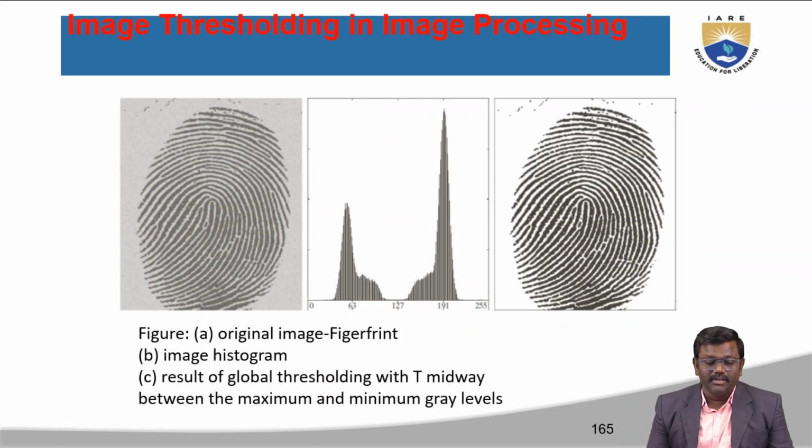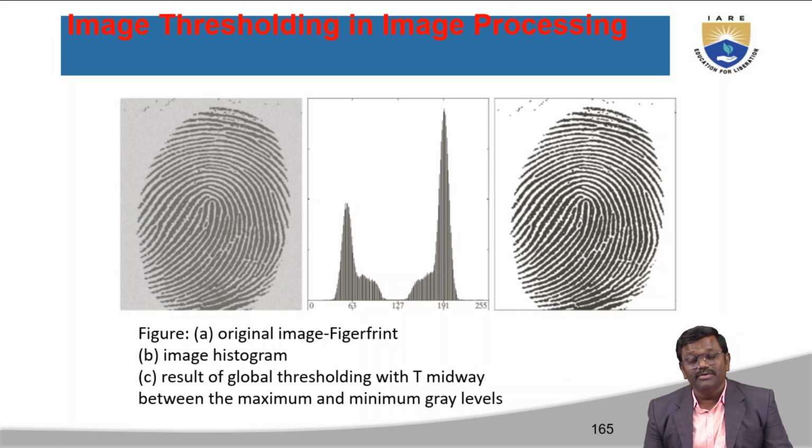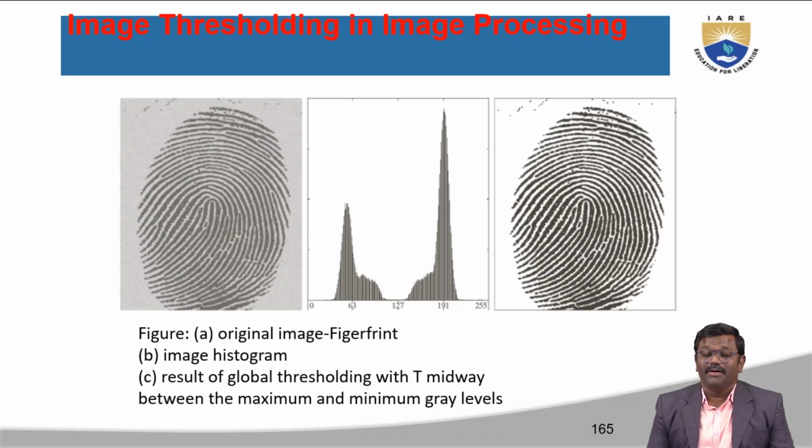Next, coming to image thresholding in image processing, one of the very important applications is what we call the law enforcement application. In the sense, mostly the documentation process at any revenue office is done with the help of a footprint, that is, a thumbprint.